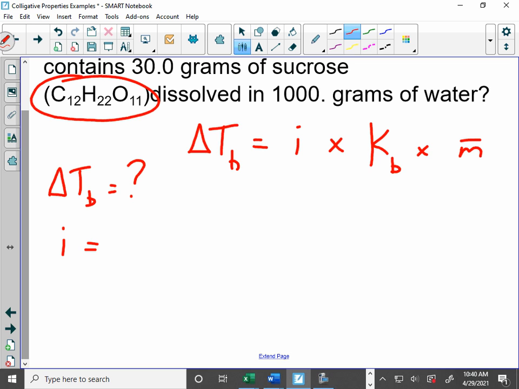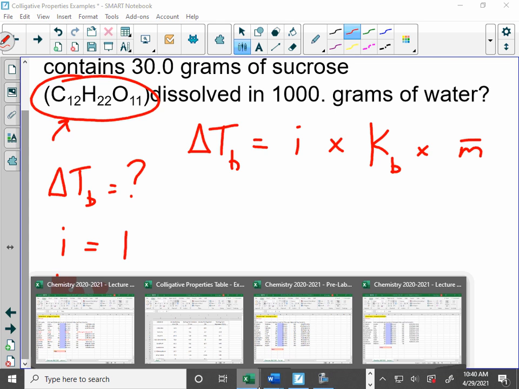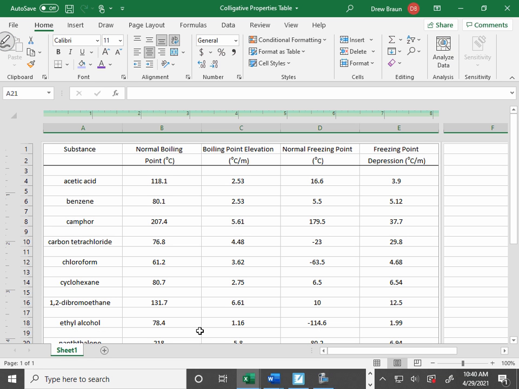Well, I know the van 't Hoff factor because I said right here, that is molecular. So the van 't Hoff factor is going to be 1. K sub B, that is the boiling point constant. We are dealing with what solvent here? We're dealing with water. So I have to come onto that chart I just gave you, and I need to find water.